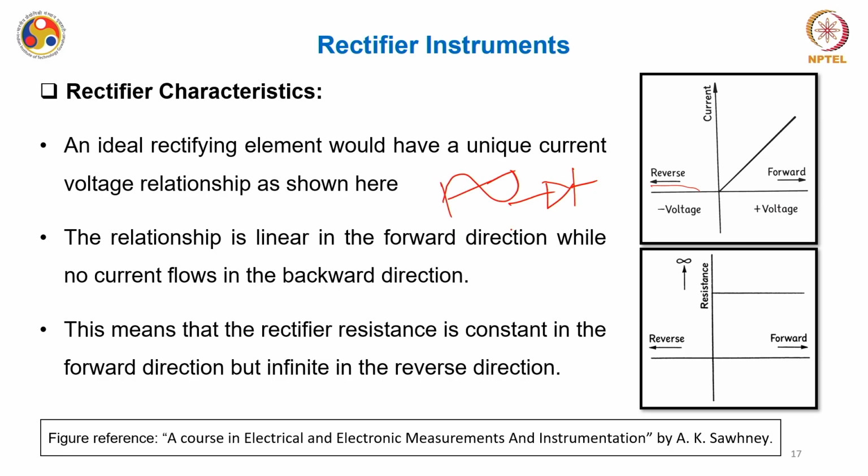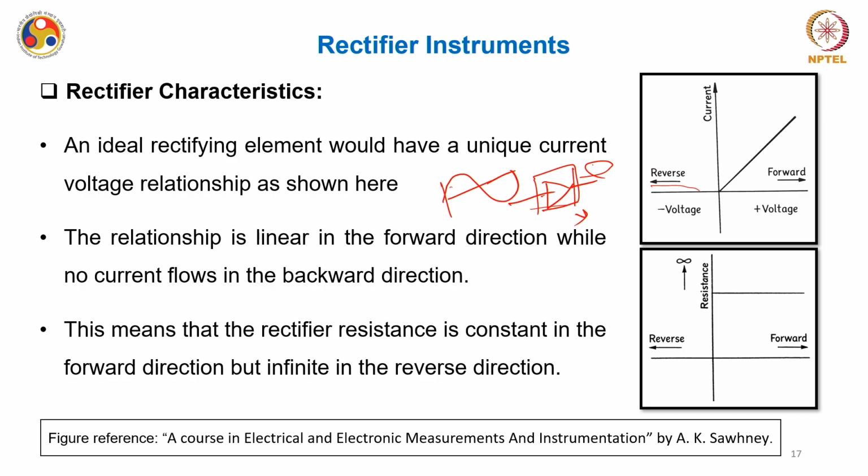Ideally this diode should offer zero or minimum resistance, so that the signal appears at the output, and in the reverse condition it should provide maximum resistance so that it does not pass through. This is what we want in the ideal condition.